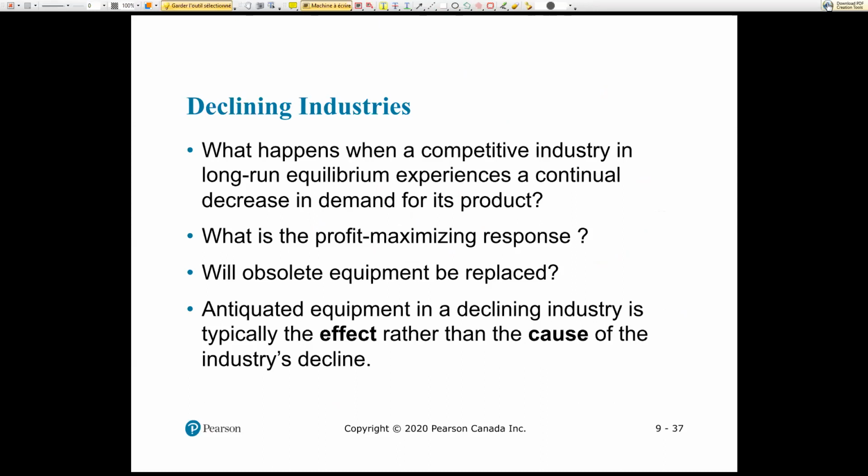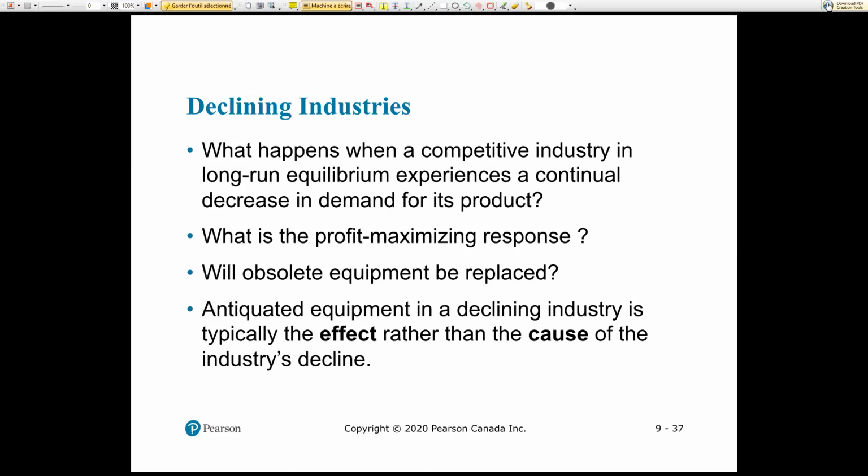All right, so what happens when a competitive industry in the long run experiences a continual decrease in demand for its product? Well, it eventually shrinks away. They will have to change in some way, by changing their equipment, or it might be an old industry in one country facing too much pressure from industry outside the country.